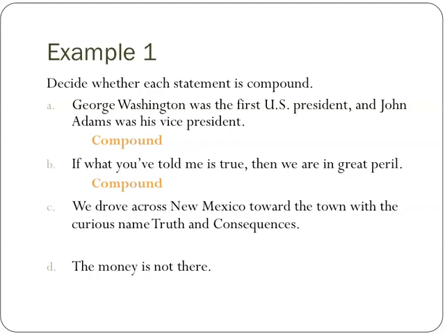All right, third one. We drove across New Mexico toward the town with the curious name, Truth and Consequences. Okay, now you see the word and in there, but don't be fooled. That looks like it's part of a name. Truth and Consequences is the name of the town. So as a whole, we drove across New Mexico toward the town with the curious name Truth and Consequences.